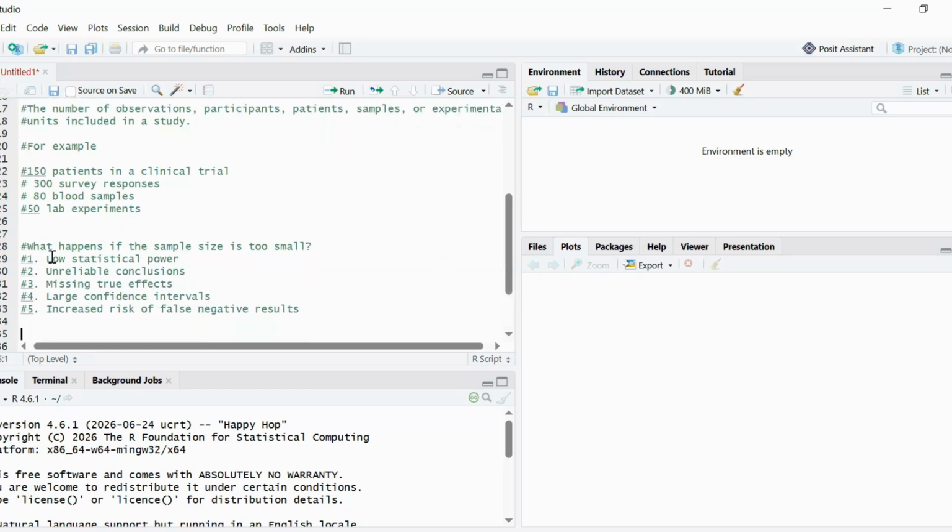In simpler words, even if a real difference exists, your study may fail to detect it.